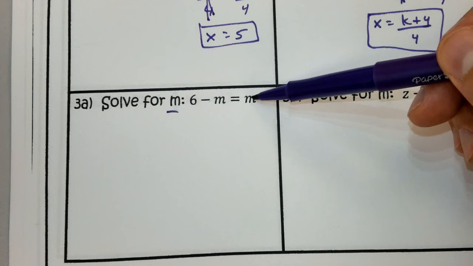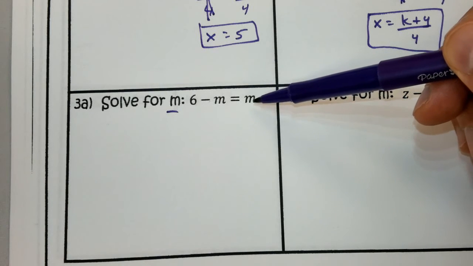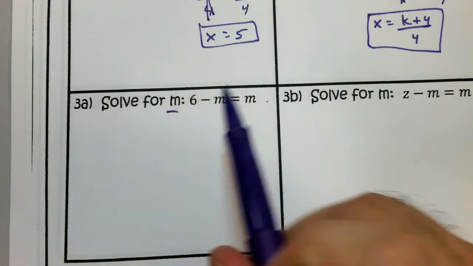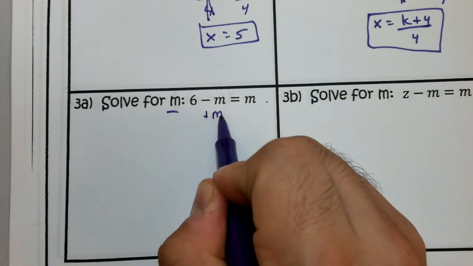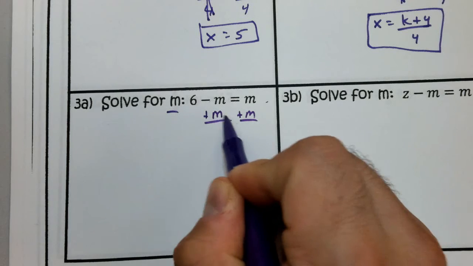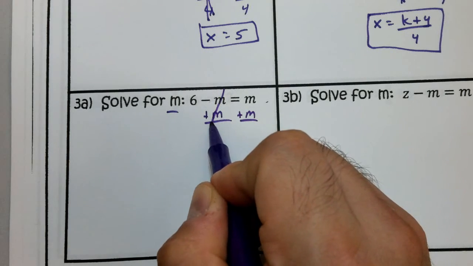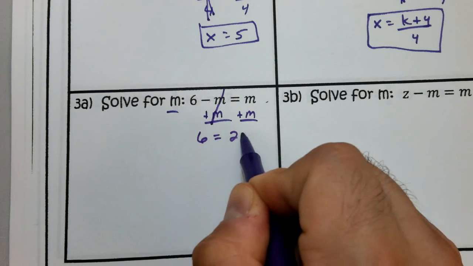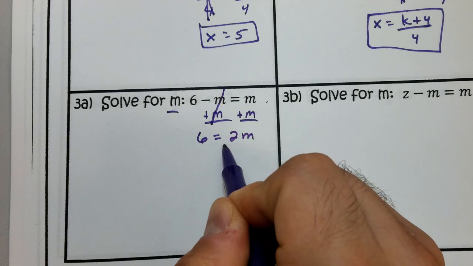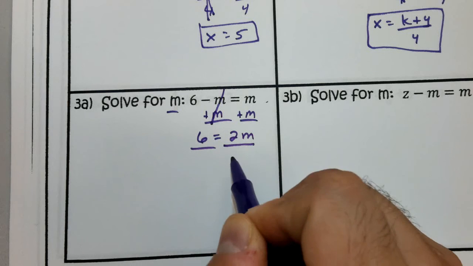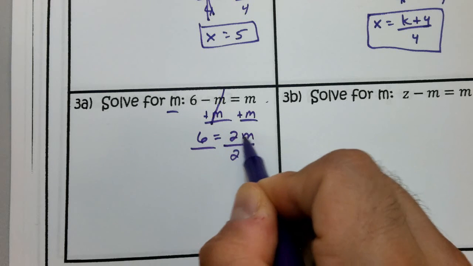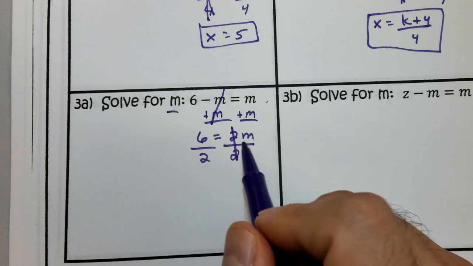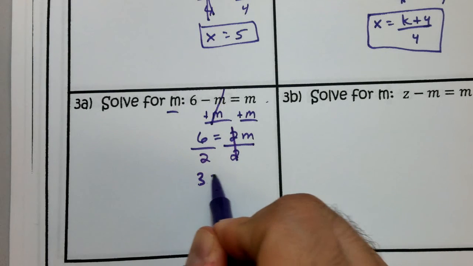Since this m is already alone, with nothing added right after it, I'm going to add this m to both sides so that this cancels out, and I'm left with 6 equals m plus m, which is 2m. Then I'm going to free up my variable by dividing by 2, because it's 2 times m. That cancels out, and I do the same thing to both sides, so it's 3 equals m.